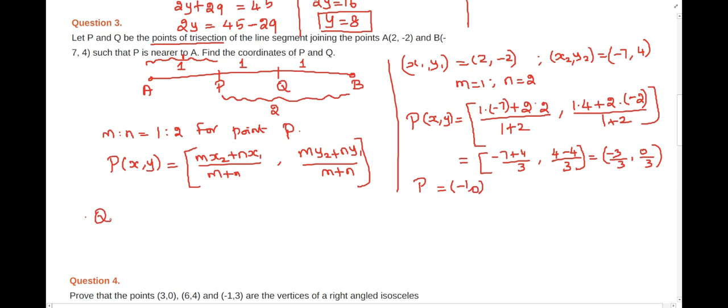Again we need to find a point Q, Q of x comma y. Apply the same procedure, but the m and n values are changed.